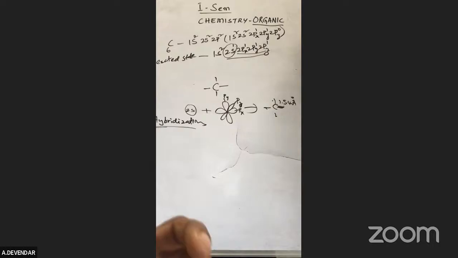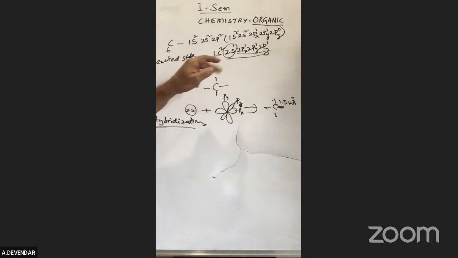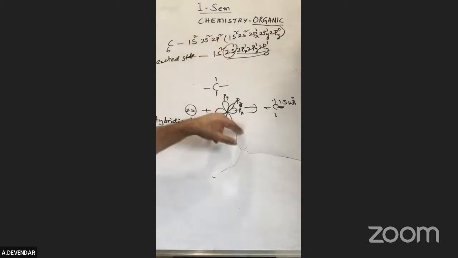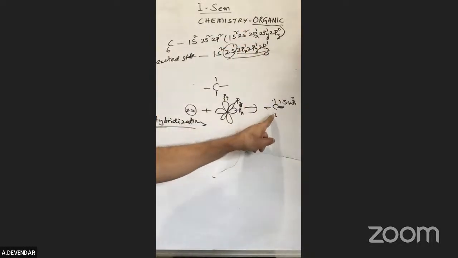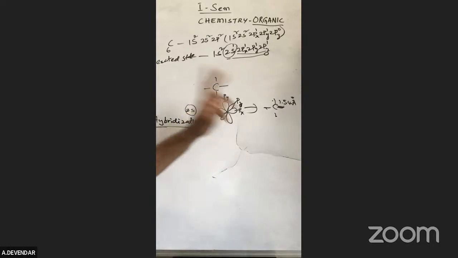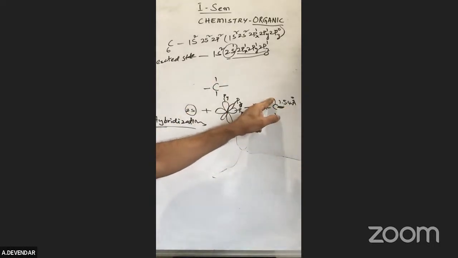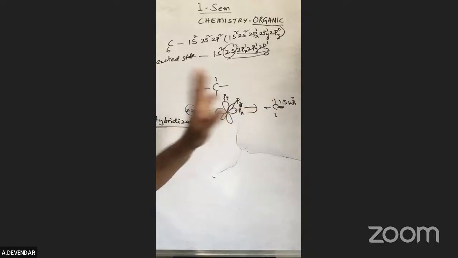Whichever electrons you take, from the second, third, or fourth orbit, those only mix. Mixing of pure orbitals of the same atom of similar energy forms the same number of orbitals. 1 plus 3 means 4, so they can form 4 bonds. This is called hybridization.